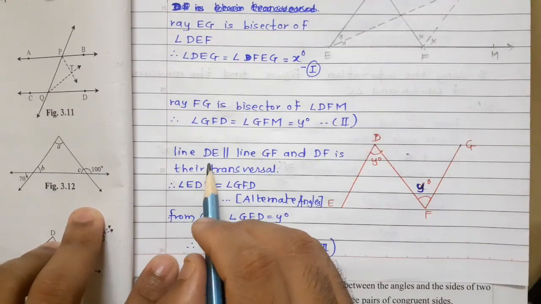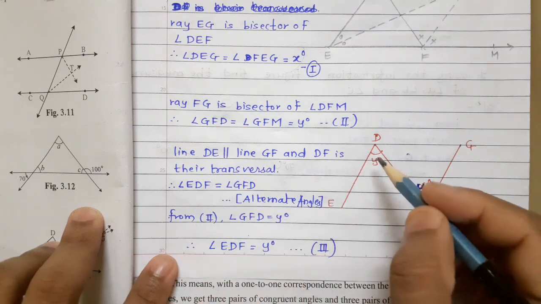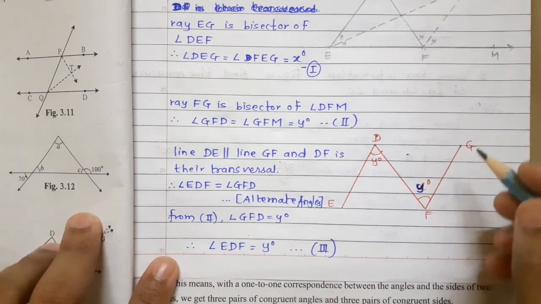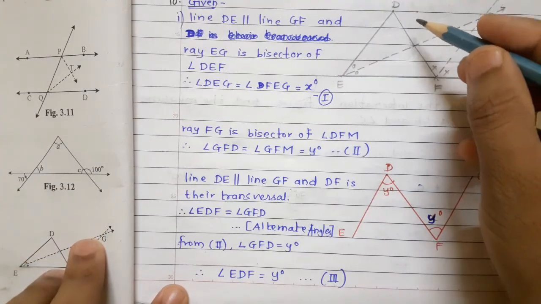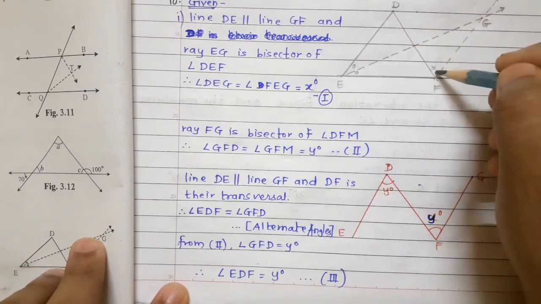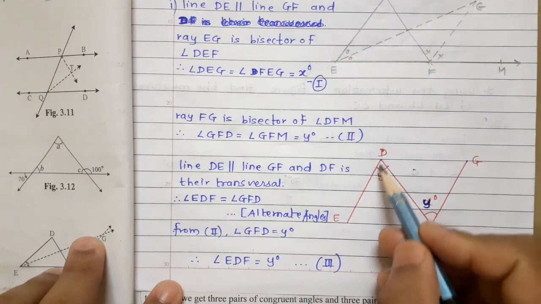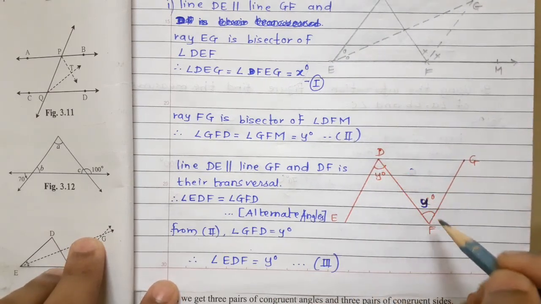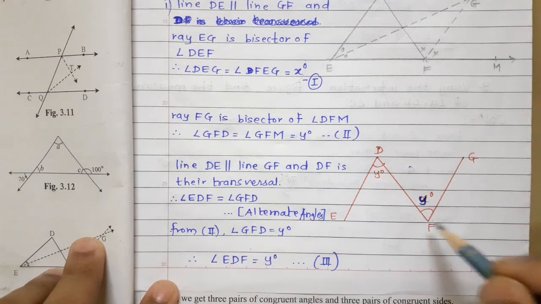Now line DE is parallel to line GF, and DF is their transversal. So DE and GF are parallel and DF is their transversal.